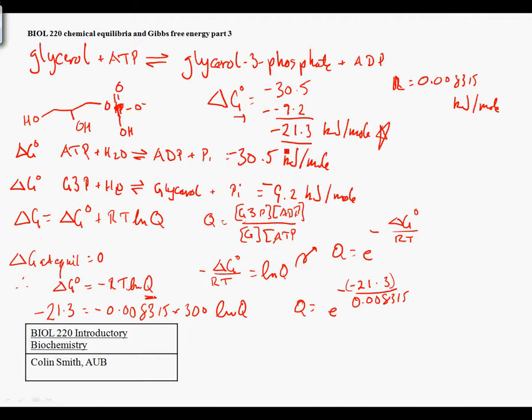If I'm calculating in joules, I'd better use it times 1,000, times 300. And what I end up with here, on the calculator, is a positive value of about 8.54, and that's equal to Q of 5109.